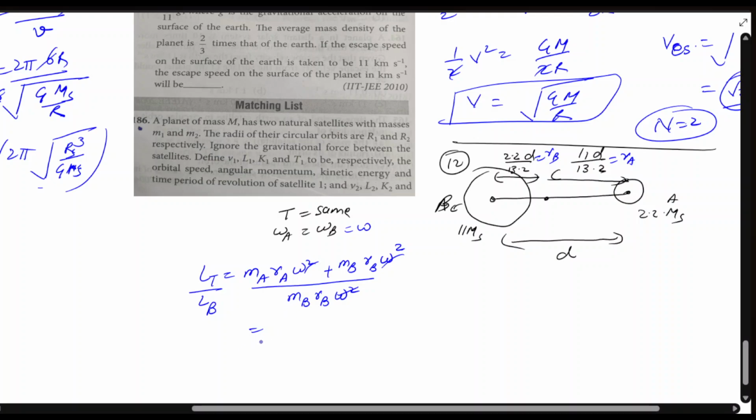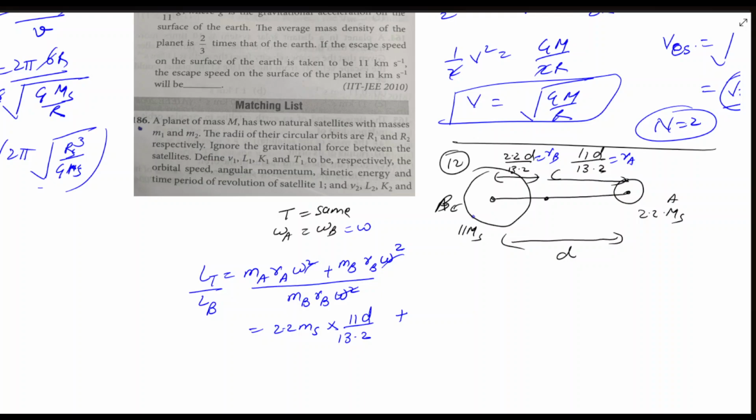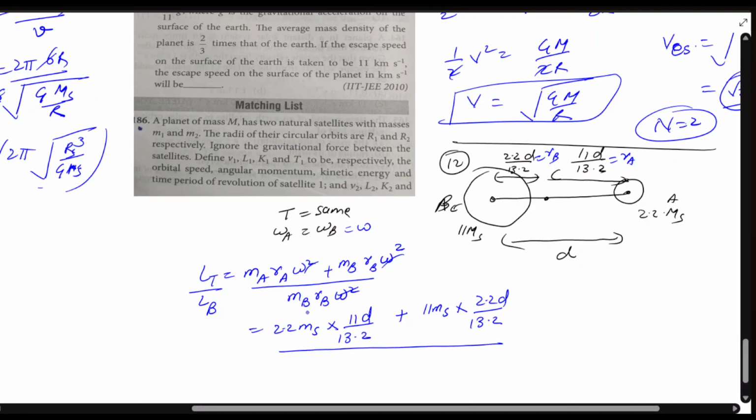Ma is what? 2.2 Ms. Ra will be 11 d by 13.2, plus Mb will be 11 Ms into Rb. So Rb will be 2.2 d divided by 13.2, and then divide both of them by Mb Rb.